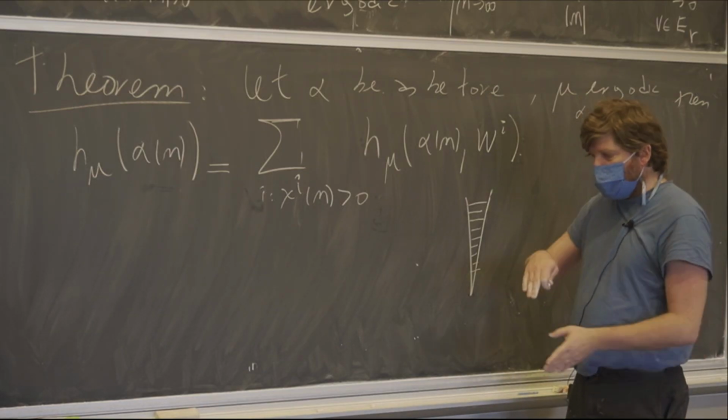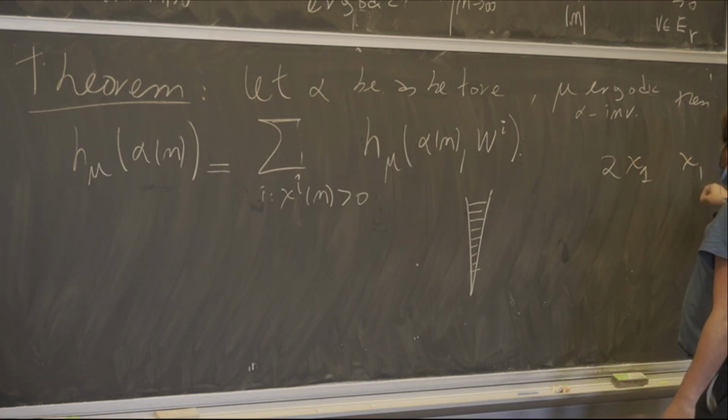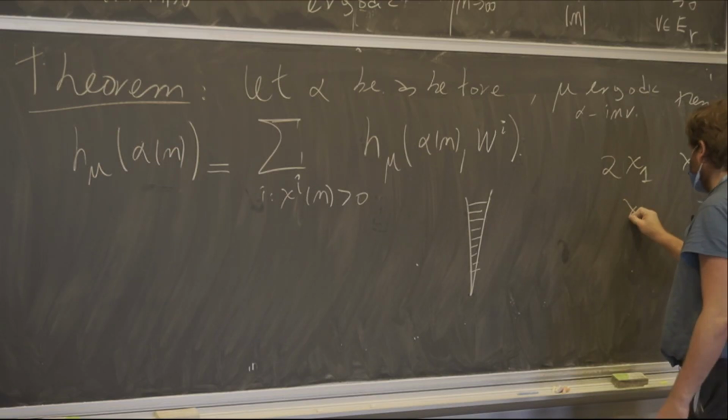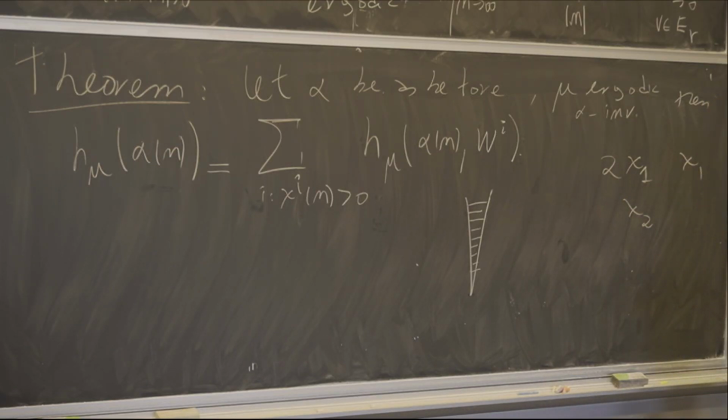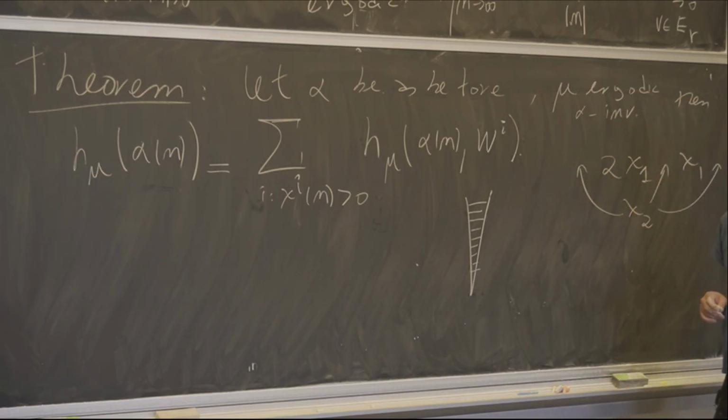For instance, you have 2 times psi1 and psi1, which corresponds to this first one, but then you have psi2. If psi2 is smaller than these two, you will be fine in the Ledrappier-Young. If psi2 is larger than this, you still will be fine. But if psi2 lands in the middle, then it's a pain. Then it was not the right choice of these cones after all. You should have made a better choice of these cones.